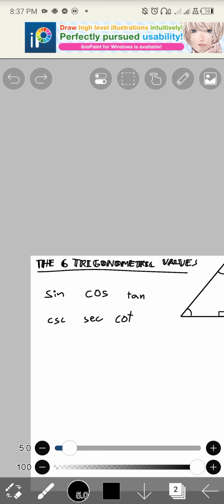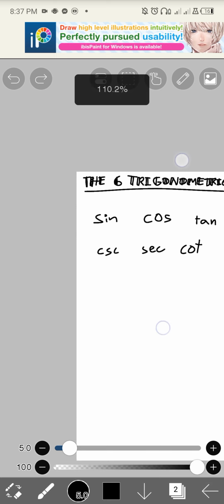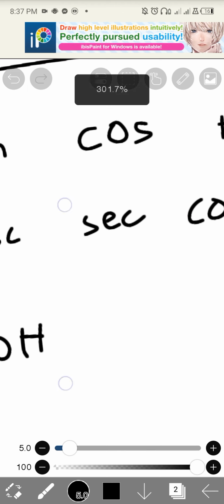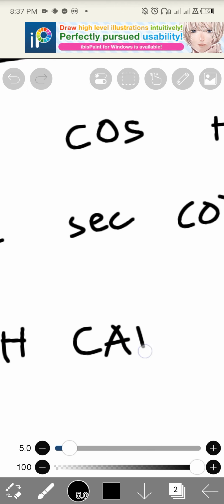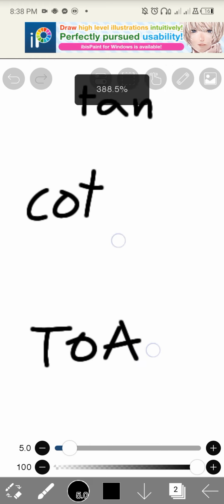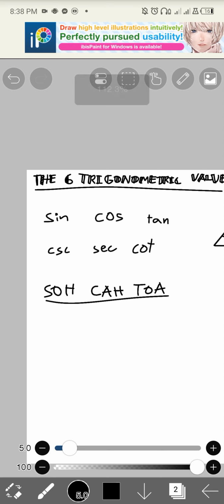So, ang basic na ginatudlo or typically ginapa-memorize na abbreviation para ma-memorize ang trigonometric values is SOH-CAH-TOA. Now, you might ask, what does this all mean?